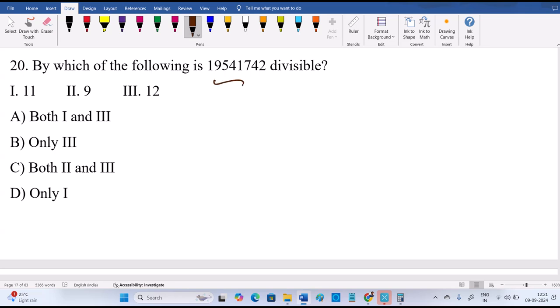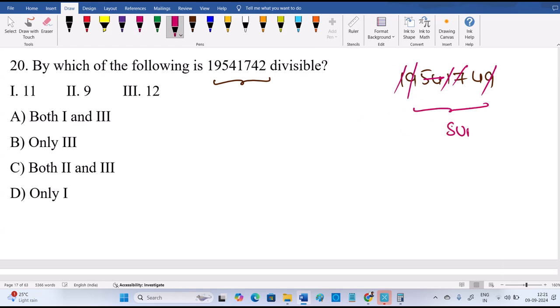For 9, sum of digits. See this logic, what I am doing, everyone check it out. For divisibility by 9, don't calculate 9. 5 plus 4 is 9, don't calculate. 9, don't calculate. 1 plus 1 plus 7 is 9. So we get the sum of digits as 4, not divisible by 9.